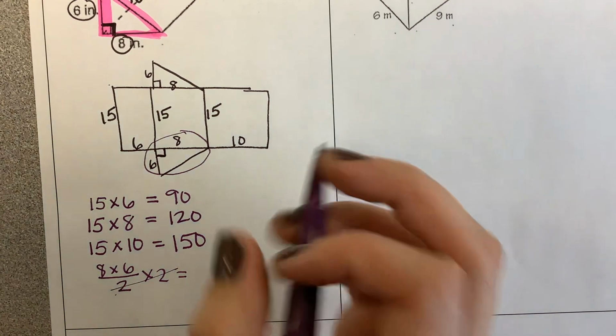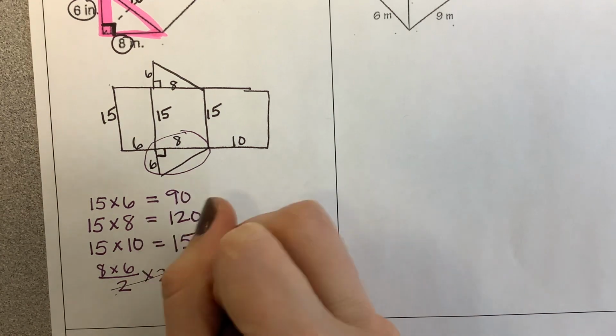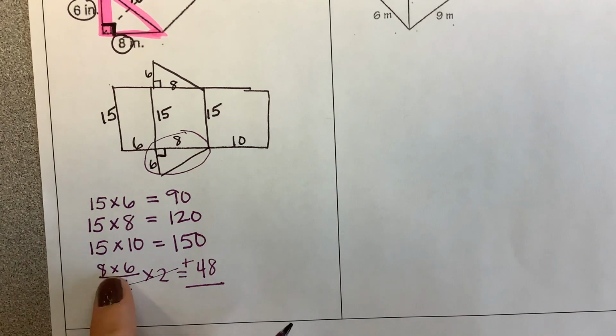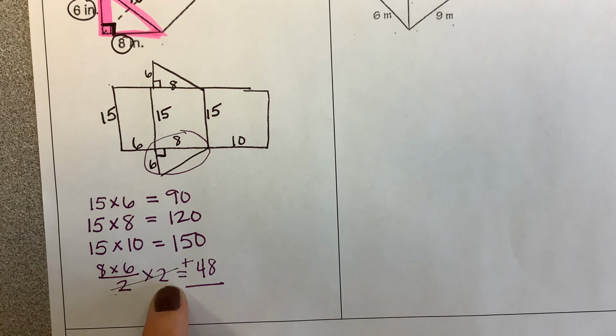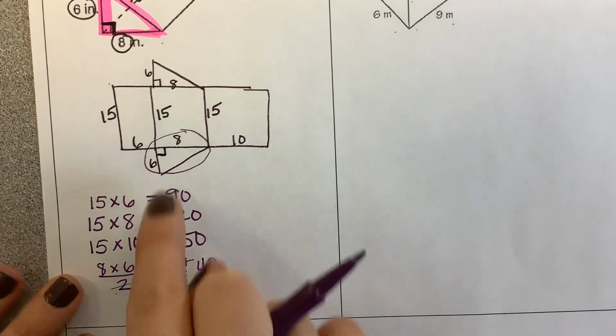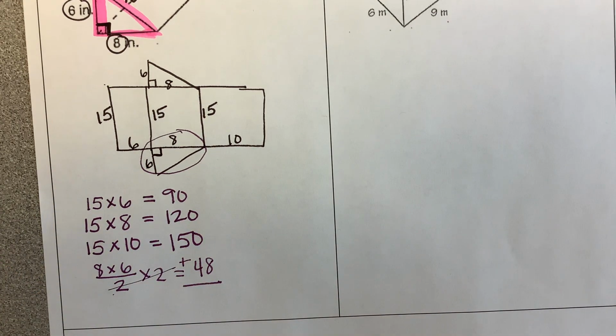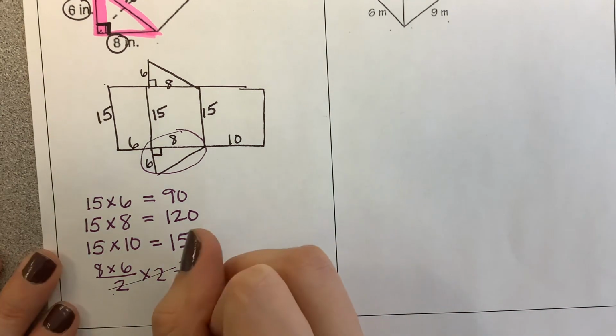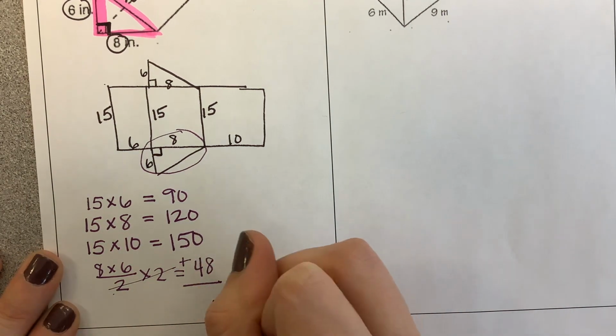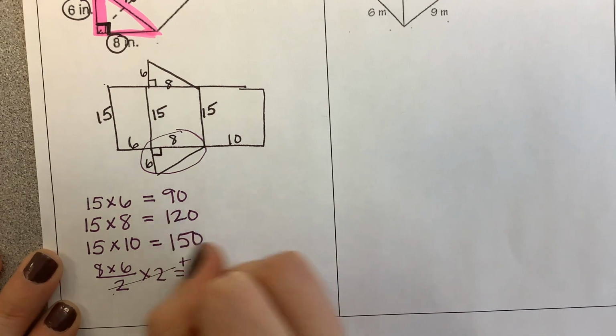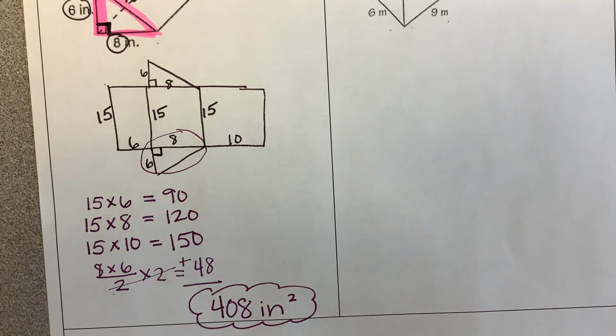So I'm really just doing 8 times 6, which is 48. But if you had plugged 8 times 6 divided by 2, which is 24 times 2, you'd also get 48. Now I'm just adding these all together. So 90 plus 120 plus 150 plus 48, and we get a surface area of 408 inches squared, because area is squared.